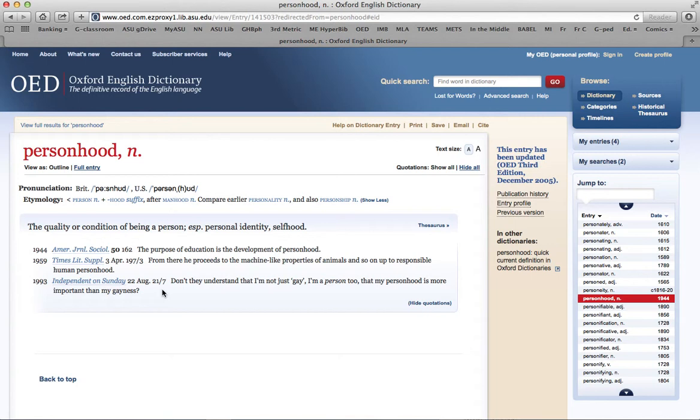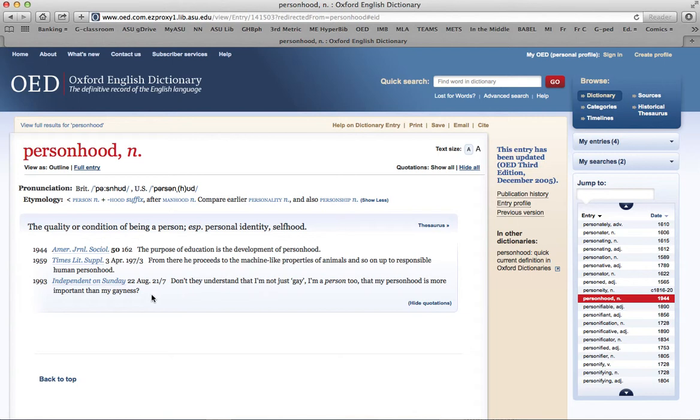So instead of personhood being linked to something that you foster through education or that involves having a sense of responsibility, here personhood is just more your general identity, and that you are a person, that you are a human being.